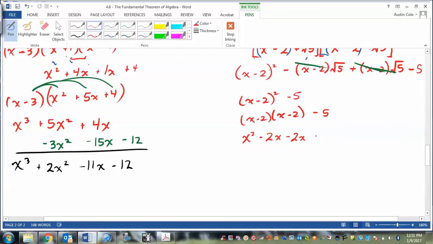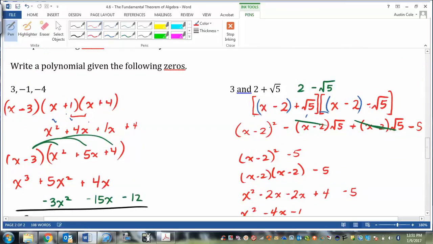Negative 2 times negative 2 is positive 4, and then minus 5. And now I can combine like terms. X squared minus 4x minus 1. So, when we FOIL these two factors, we get x squared minus 4x minus 1.